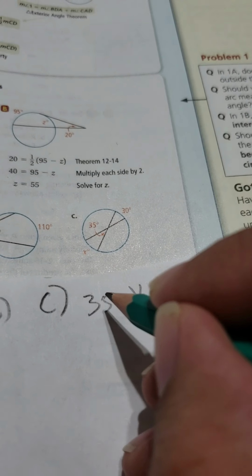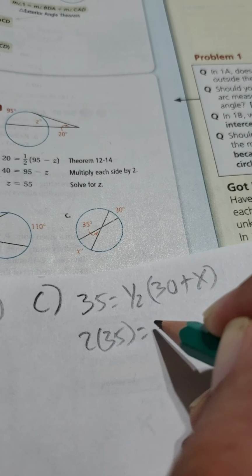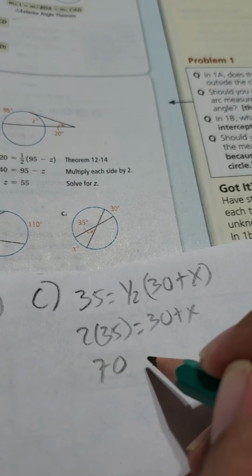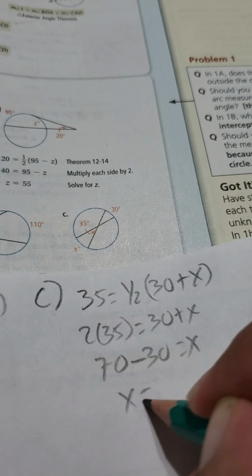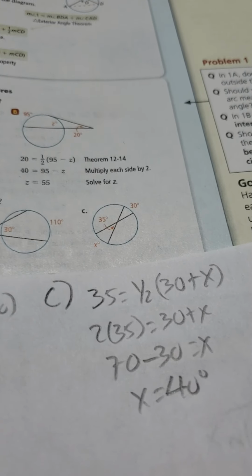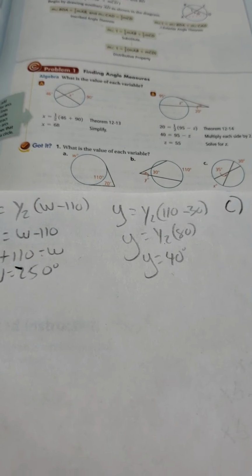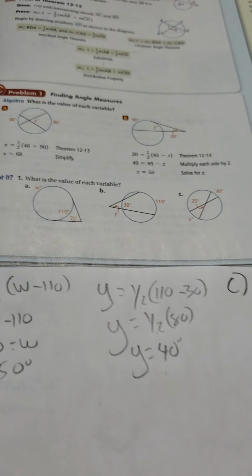Then 2 times 35 is equal to 30 plus x, which is 70. 70 minus 30 is equal to x. X is equal to 40 also. These are the answers for those exercises that are in the book, on page 791.